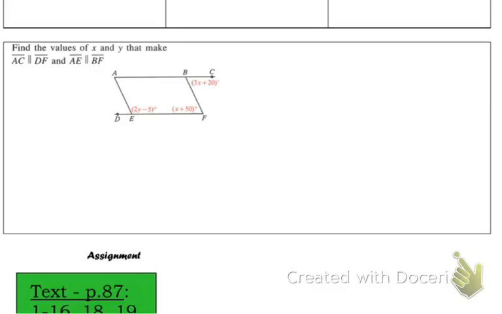I'm going to set up an equation that makes CBF congruent to EFB. So all I have to do is say 3x plus 20 equals x plus 50, and you just need to solve it.